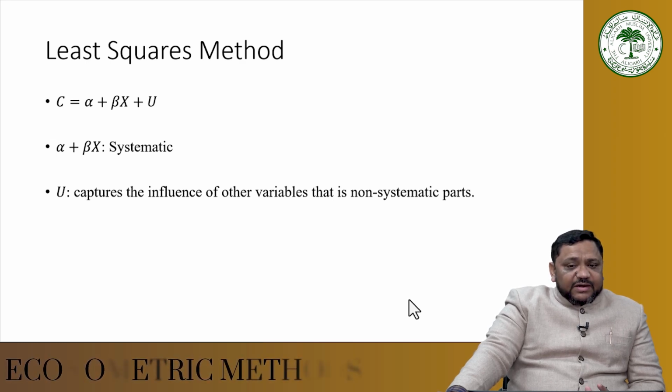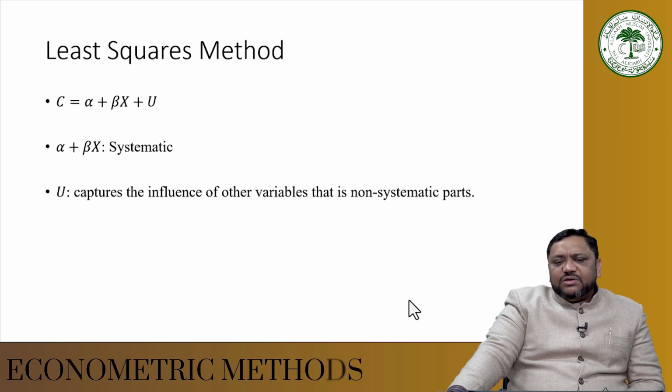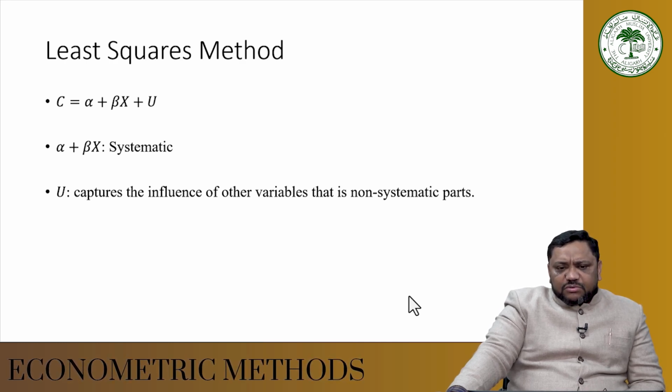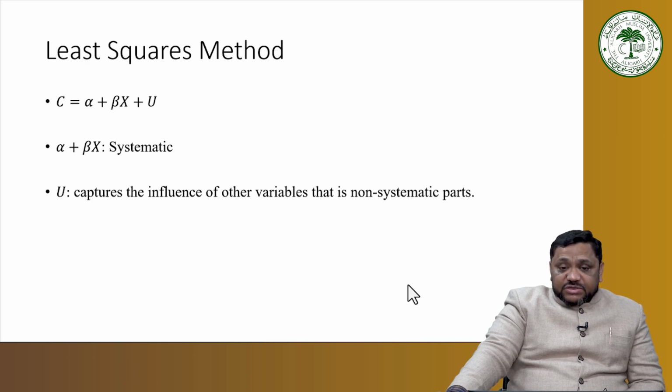We consider it an exact and deterministic relationship. Theoretically, it is plausible, but in actual practice, other variables also affect consumption. That is, C is equal to alpha plus beta x plus u, where u captures the influence of other variables, that is, the non-systematic part.